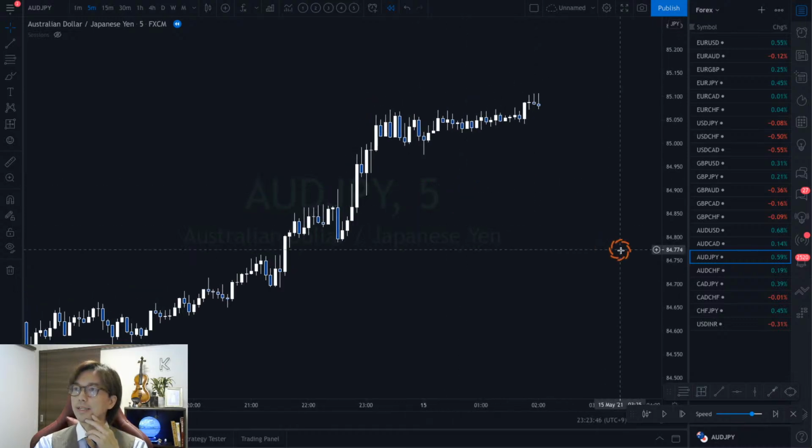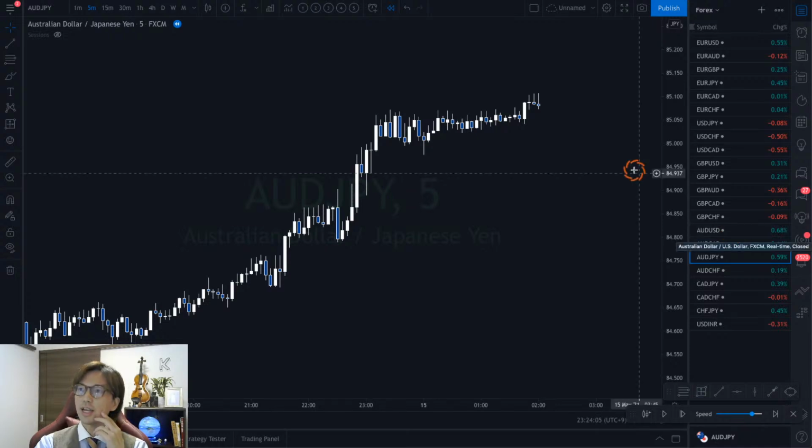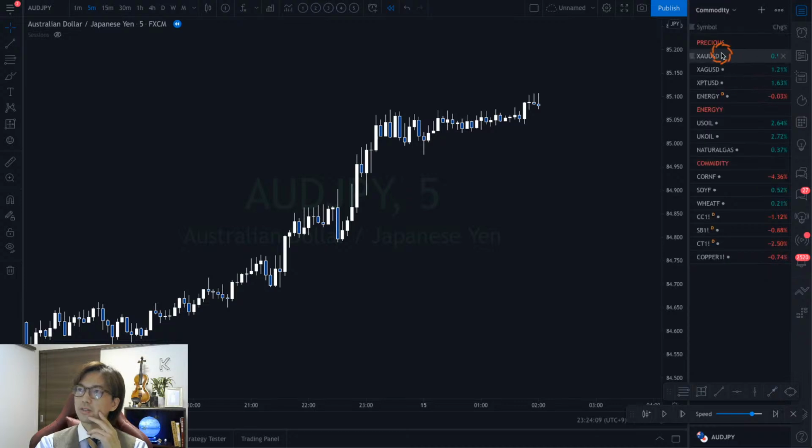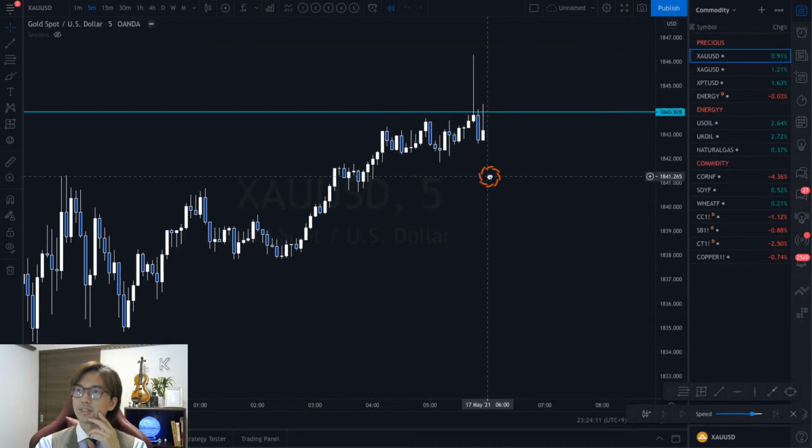I think yeah, and also I monitor these pairs. I only take trades on the Euro, USD, and AUD, Pound, and JPY, CAD, and Swiss franc. So I have these Forex pairs monitoring, and also I trade gold, so I have this one up here too.